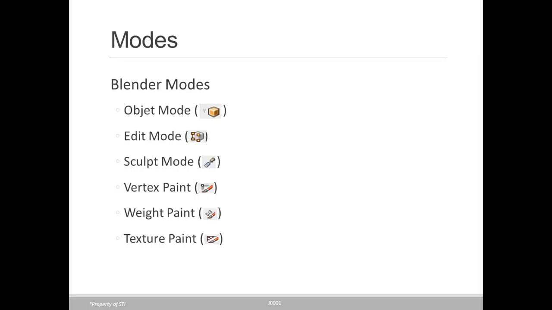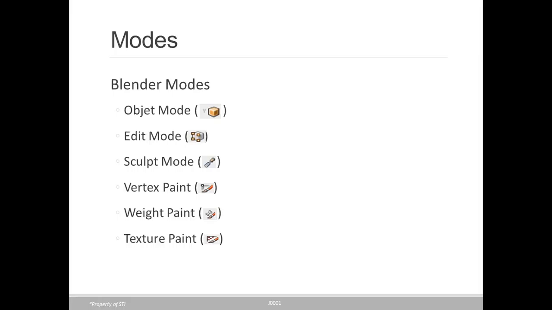So sculpt mode, a mesh only mode that enables Blender's mesh 3D sculpting tool. Vertex paint, a mesh only mode that allows you to set the mesh vertices color.